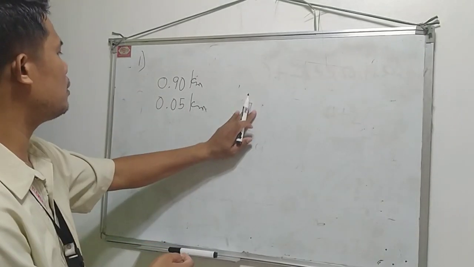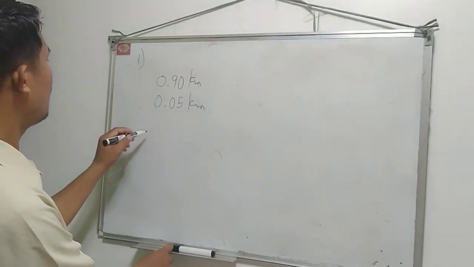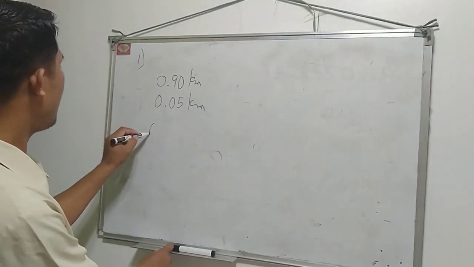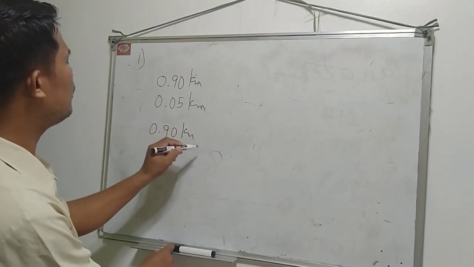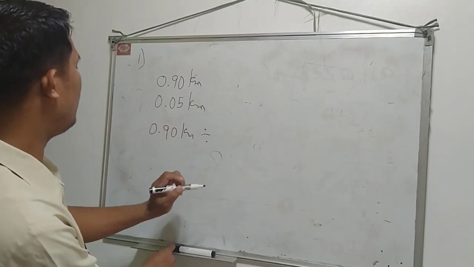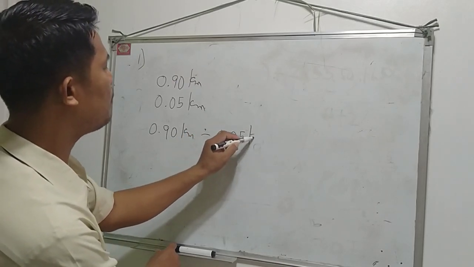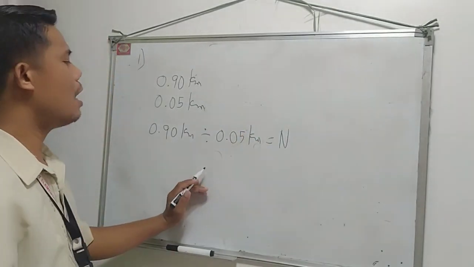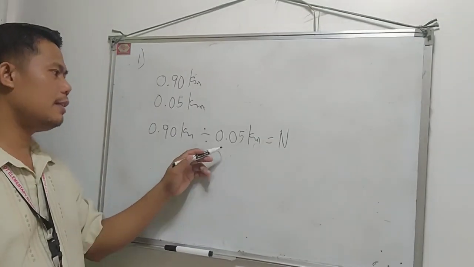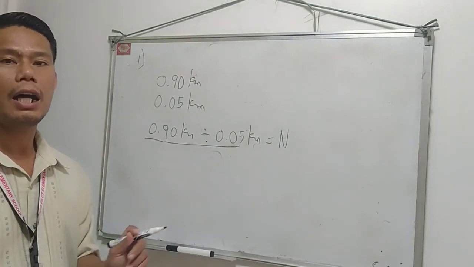To translate this into a number sentence, it becomes 90 hundredths kilometer divided by 500 kilometer equals n. Now, we are going to rewrite this into another form of division.